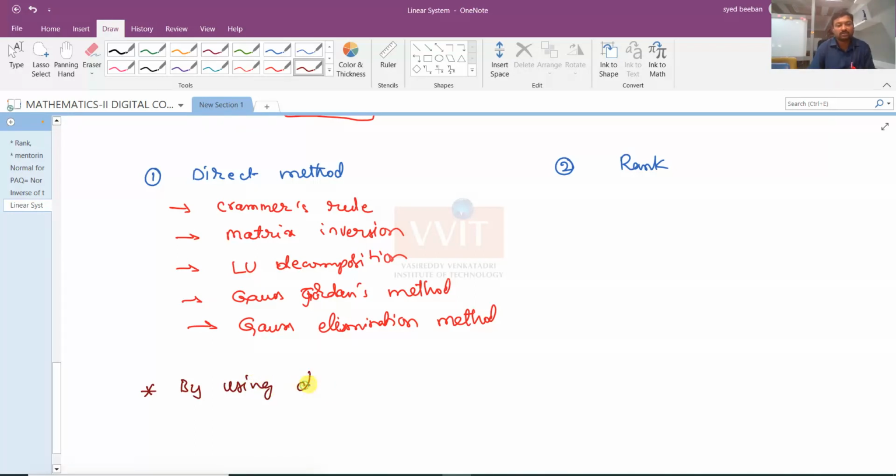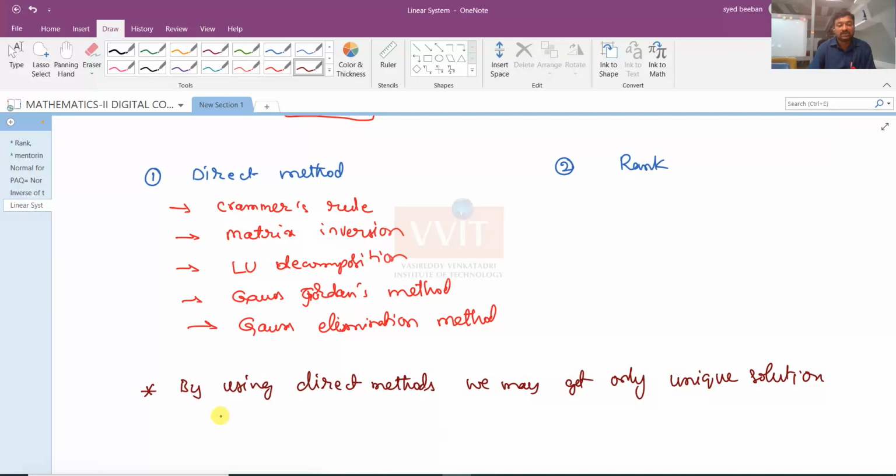By using direct methods, we may get only a unique solution, and that too if possible. It doesn't give any guarantee that a solution always exists to the given linear system.